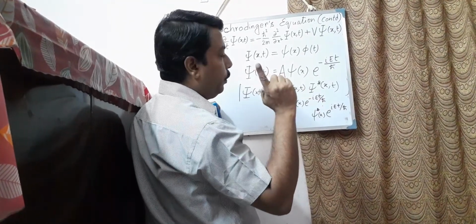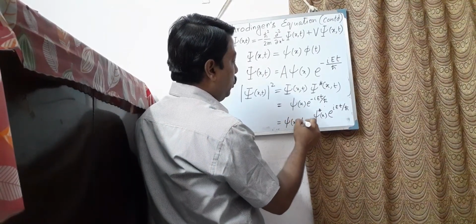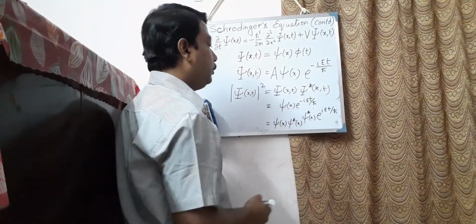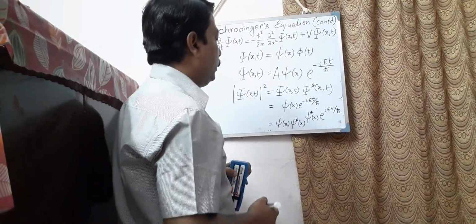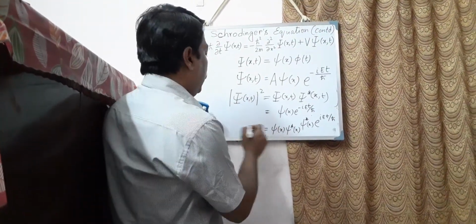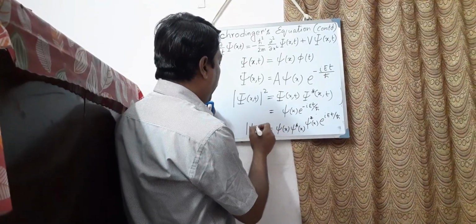E to the power 0 means 1. So you are left with psi x into psi star x, which is nothing but mod psi x square.